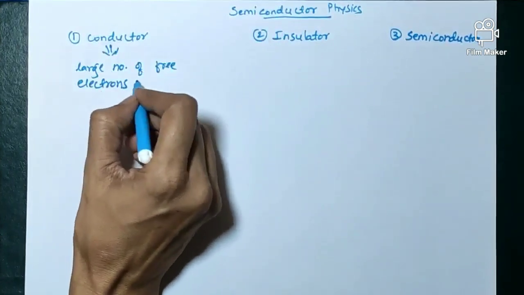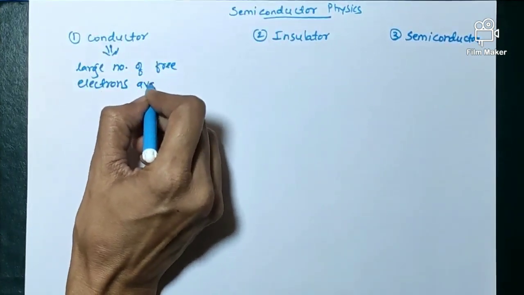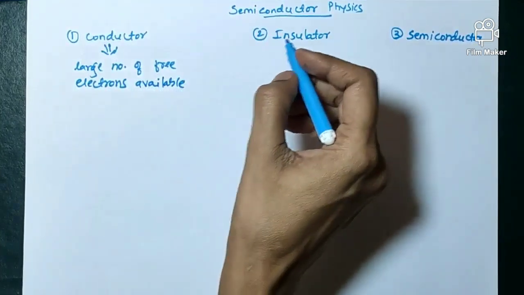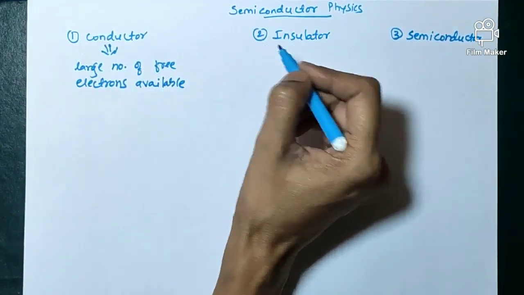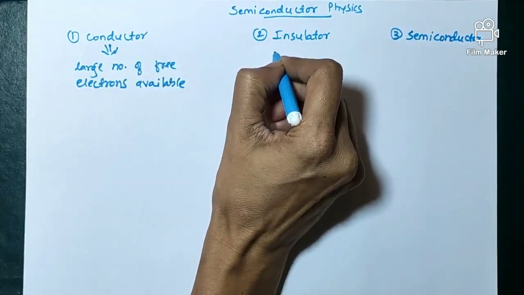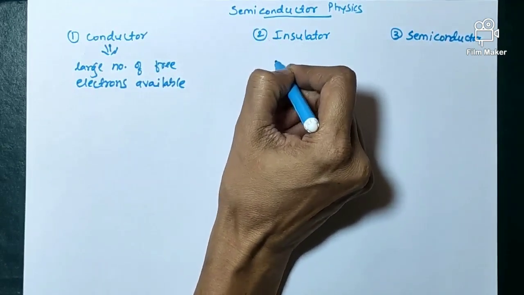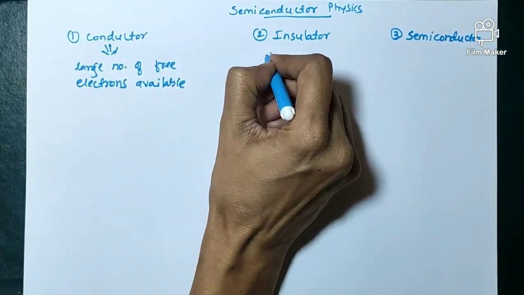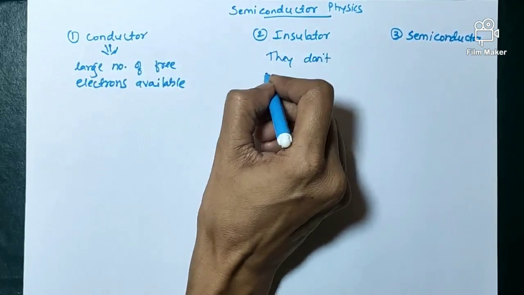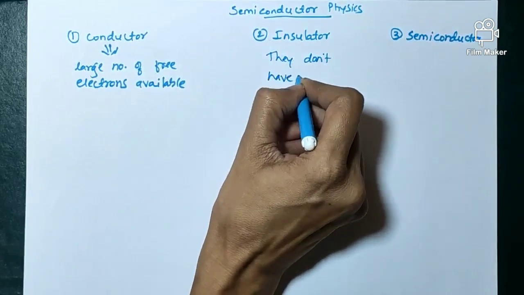So these materials conduct the current. But in an insulator, they won't conduct the current. Why? Because they don't have the free electrons to conduct the current.